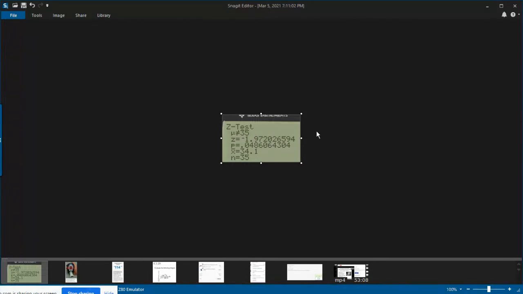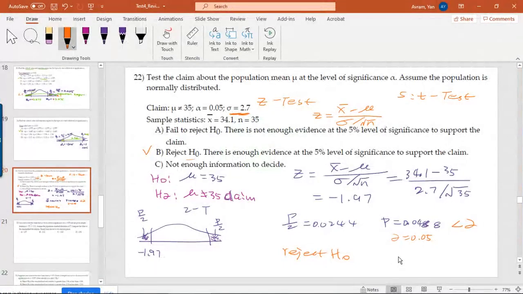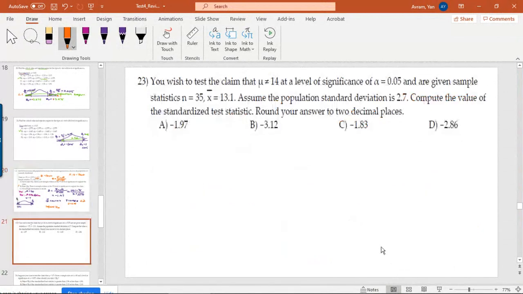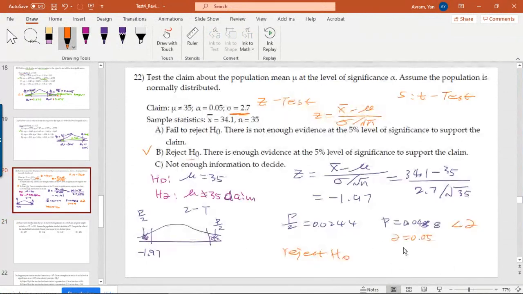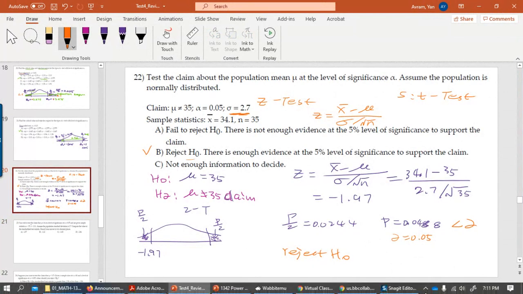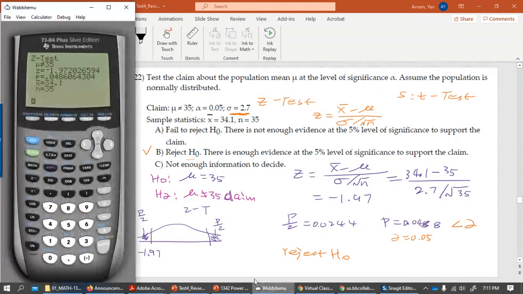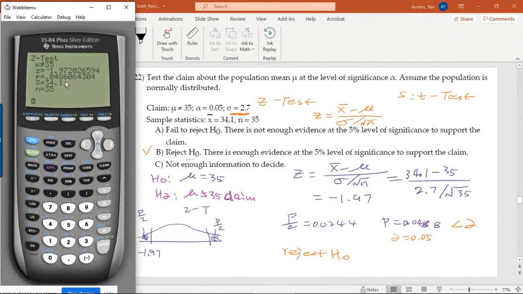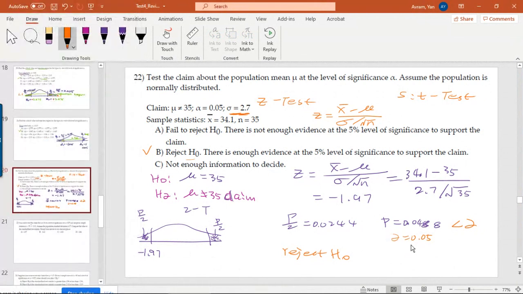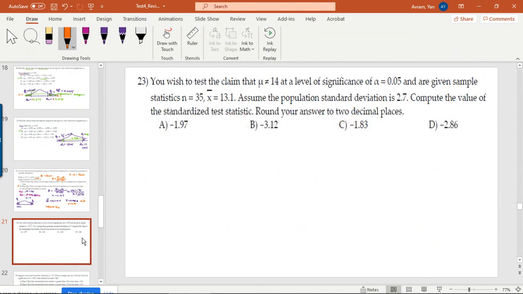Anyhow, it won't let me paste that one. But you can tell this calculation is giving you the p-value. This p-value is actually even more accurate, but we also know it's less than alpha. So you can also use the calculator to find a Z-score and also find a p-value directly from there.